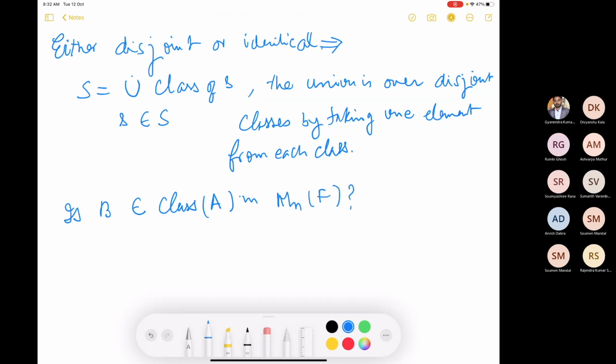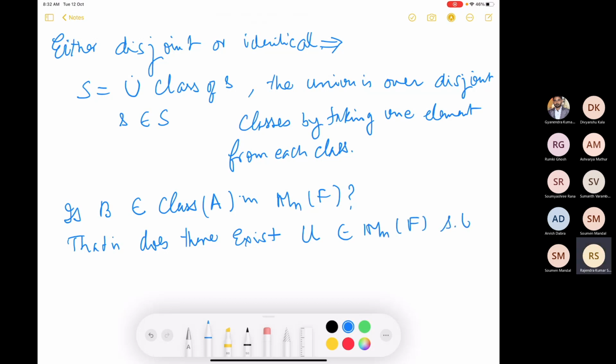That is, does there exist an invertible matrix U in MNF such that B is equal to U A U inverse, or U inverse A U.